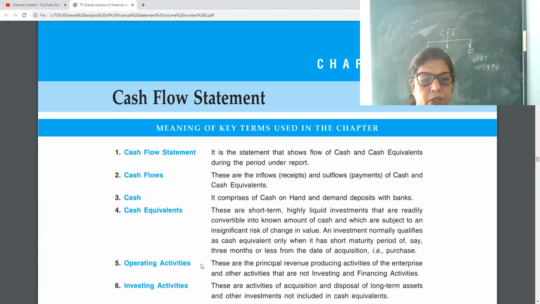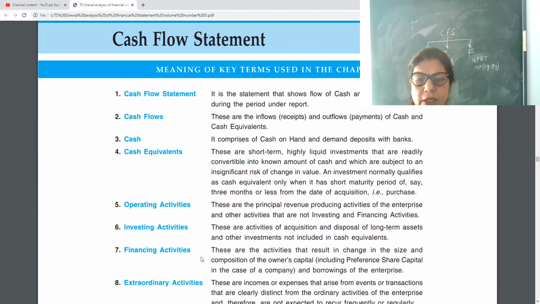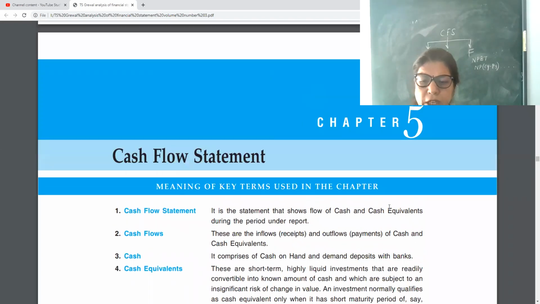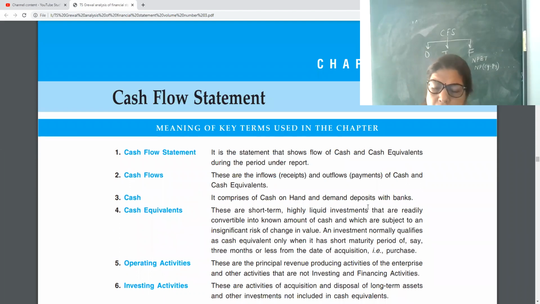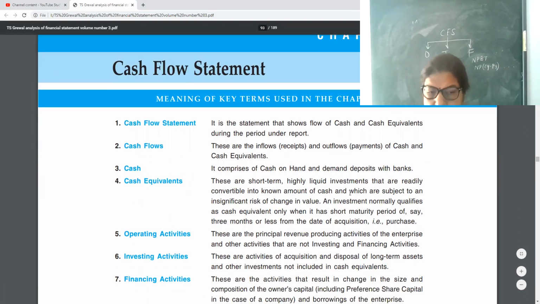See, one by one, cash flow statement is a statement that shows flow of cash and cash equivalent during the year, means receipts and payment of cash. Then what is cash? Cash and bank demand deposits. What are cash equivalents? Short term, highly liquid.